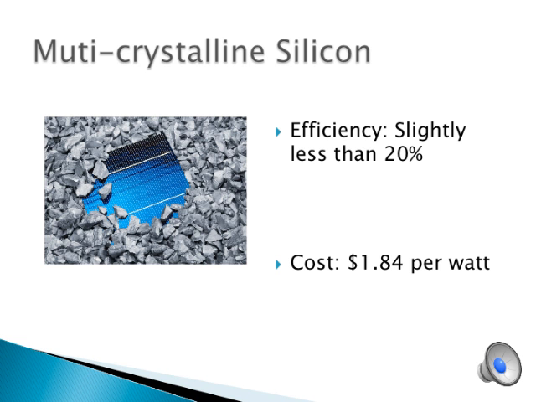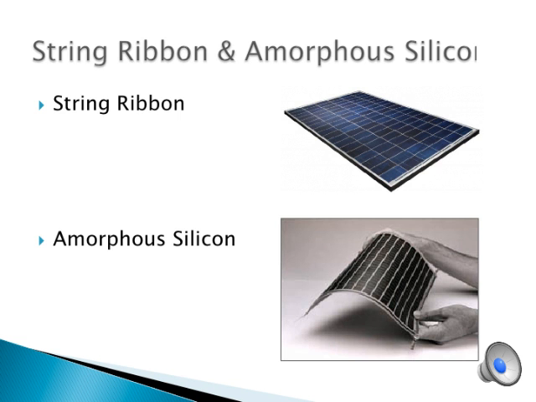The typical efficiency of multicrystalline based solar cells is slightly less than 20%. The solar cell developed by JA Solar Holdings Corporation, released in February 2011, possesses an efficiency of 18.2%. The lowest retail price of multicrystalline silicon-based solar modules is $1.74 per watt.